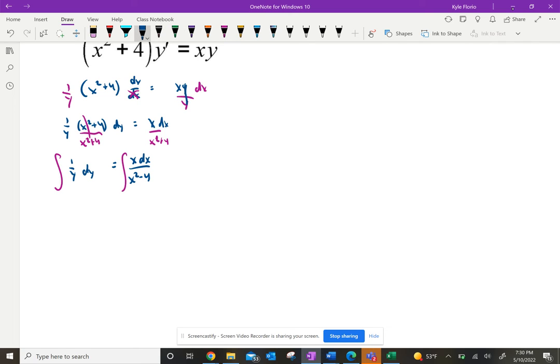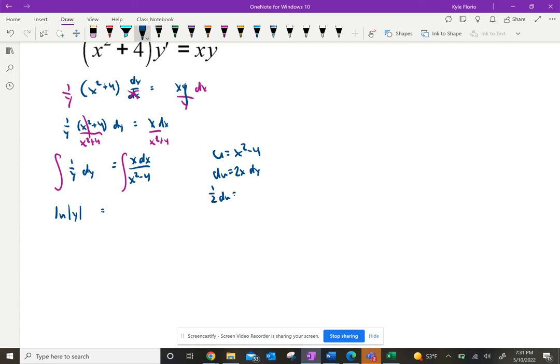The antiderivative of 1 over y is the natural log of the absolute value of y. And the antiderivative of x over x squared minus 4, we have a quotient here. But I see the bottom function, x squared minus 4, its derivative is 2x dx, and there's an x dx here, so I might be able to use substitution again to get rid of this quotient. So if I let u be x squared minus 4, du would be 2x dx.